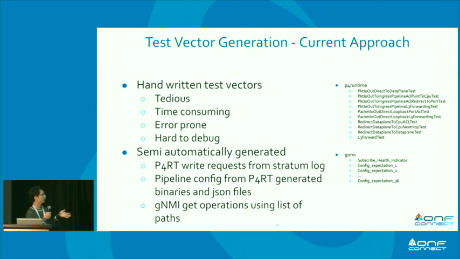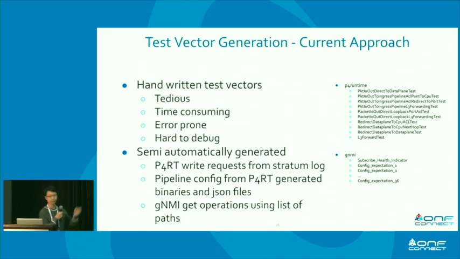But we have also developed some tools to help us generate part of the test vectors. For example, we were able to get a Stratum log, extract the P4 write requests from it, and put them into test vectors. We also generate pipeline configs from P4 generated binaries and JSON files.